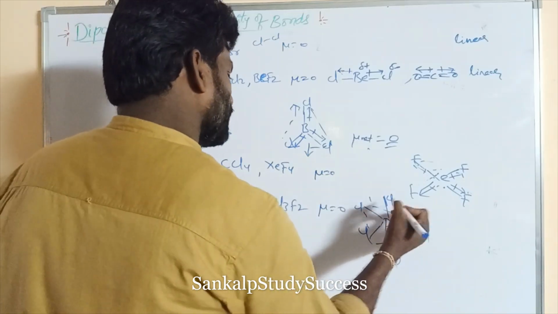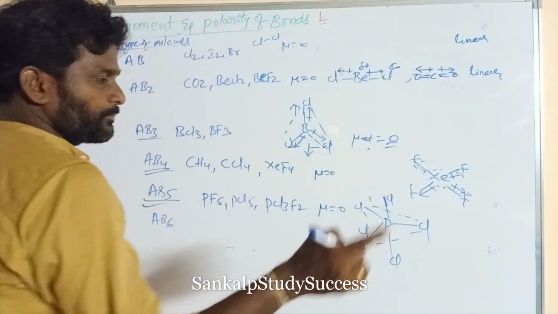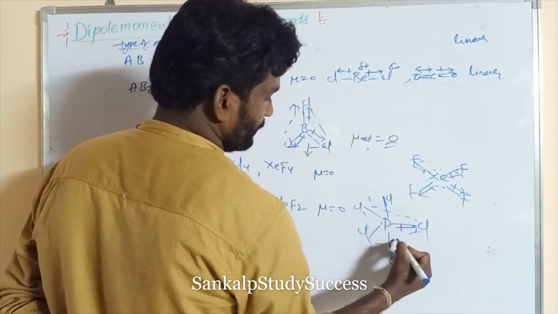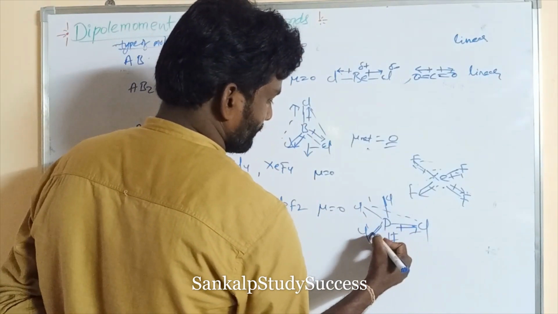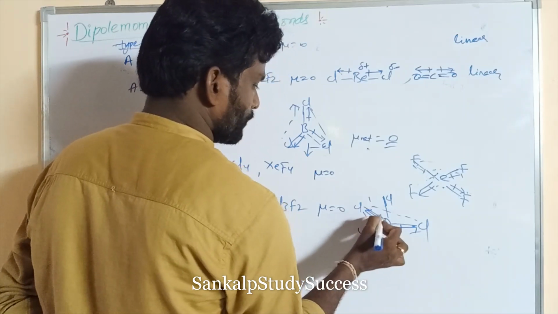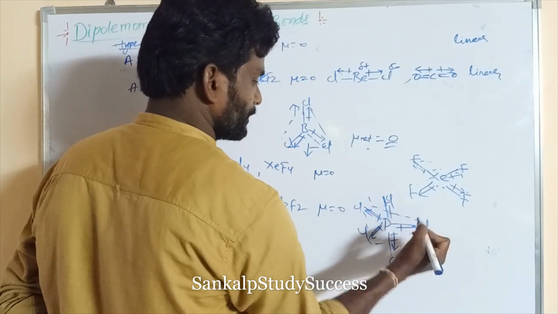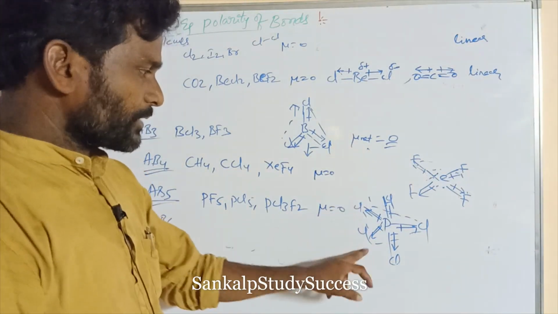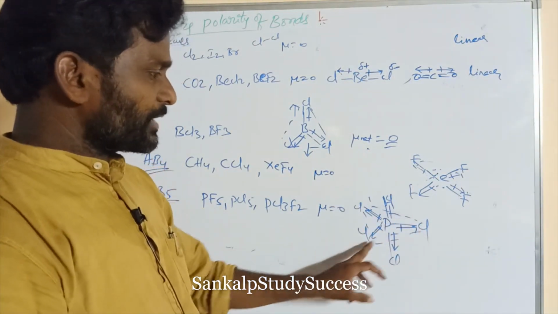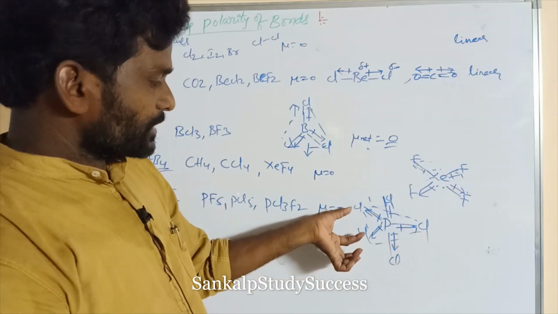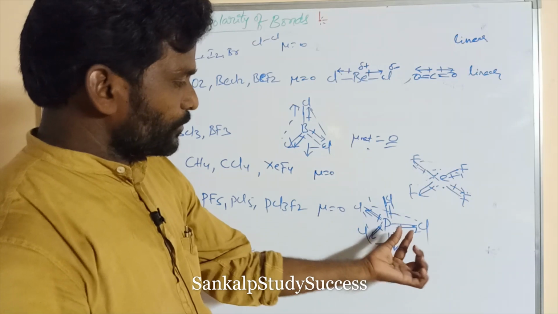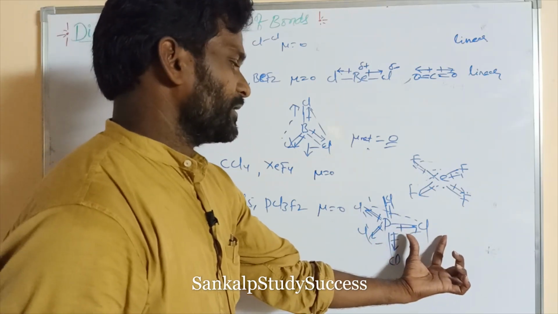The crossed arrow is always shifted towards the more electronegative atom. Now, this is the trigonal plane. In the trigonal plane, 3 chlorine atoms are there. So the sum of the dipole moments of these 2 chlorines is equal to the dipole moment of this chlorine.